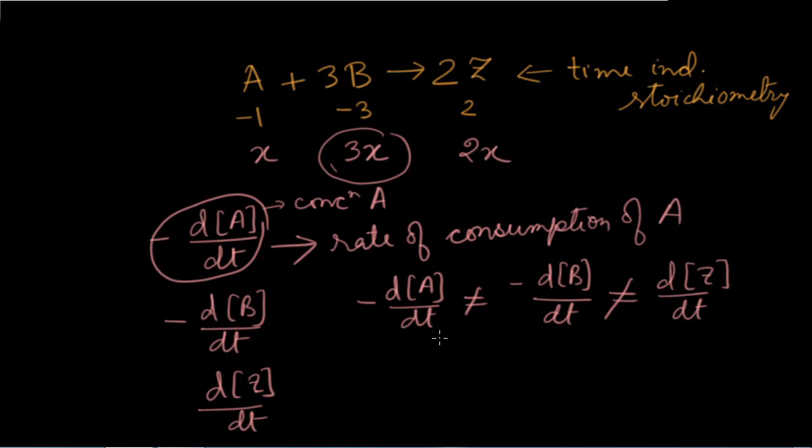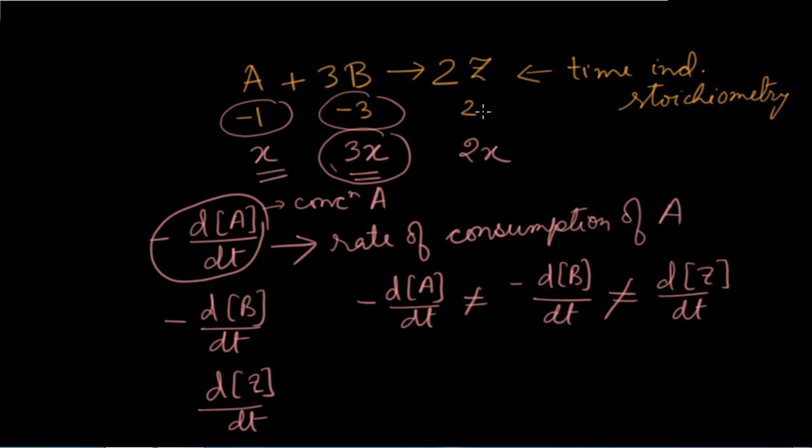But from simple logic we can understand that when X amount of A is being consumed, then 3X amount of B is being consumed. That means the consumption rate of B is 3 times faster than A. Why 3 times? Because its stoichiometric coefficient is -3, and the stoichiometric coefficient of A is -1. So the stoichiometric coefficient of B is 3 times that of A, right?